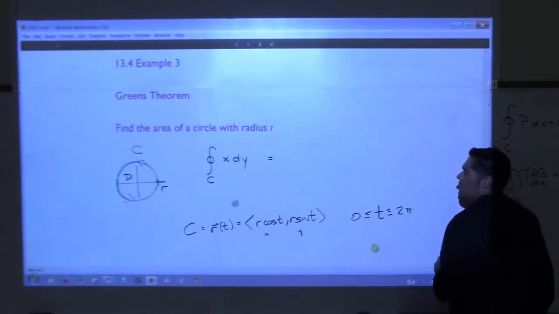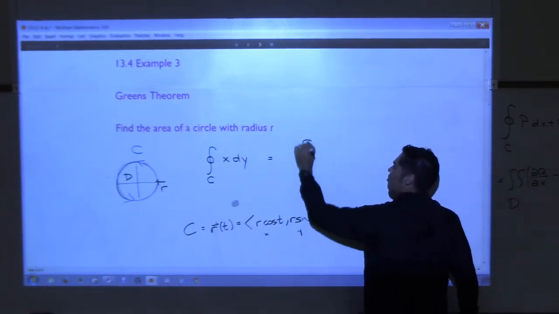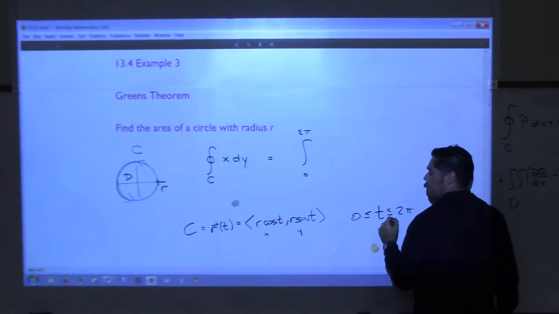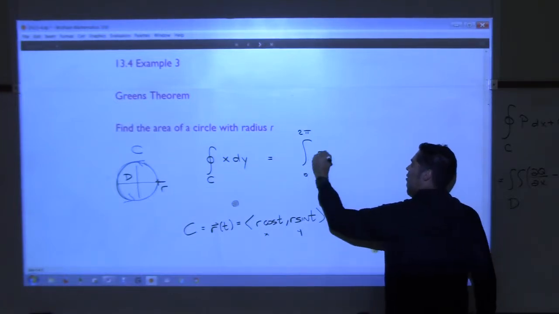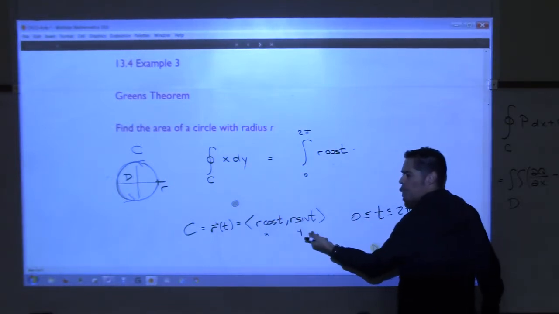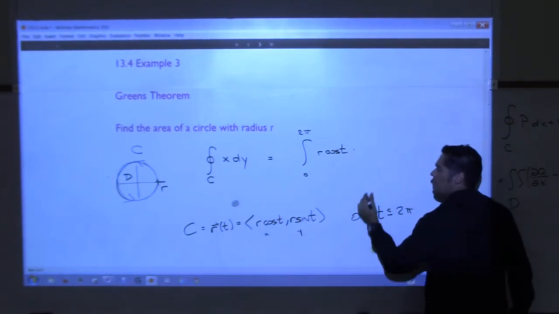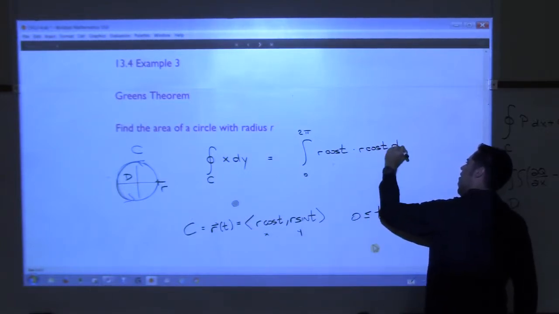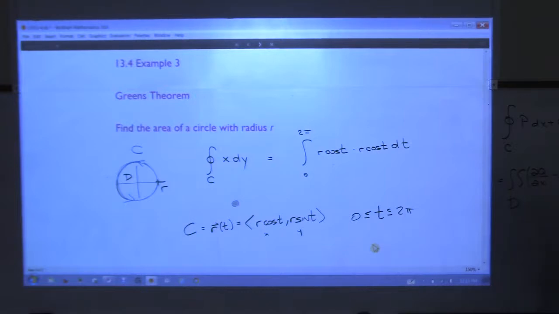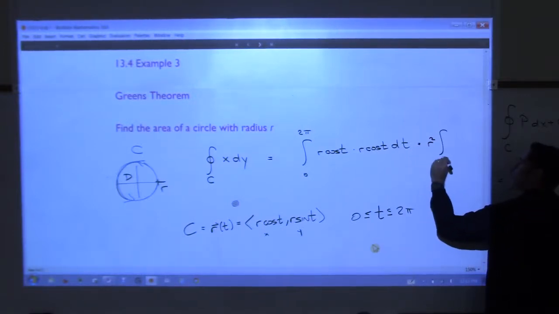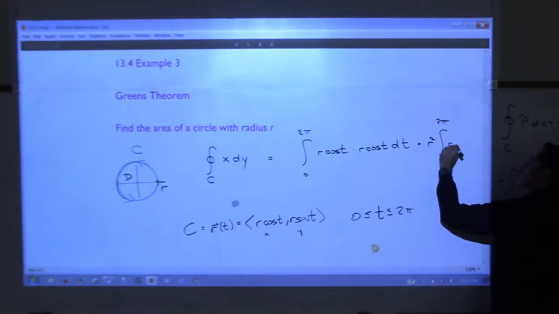Okay, so this line integral becomes the integral from 0 to pi, and then I have x, which is R cosine t, times dy, which is the derivative of the y component, R cosine t again, dt. Now R is a constant, so it can come out: R squared integral 0 to pi cosine squared t dt.